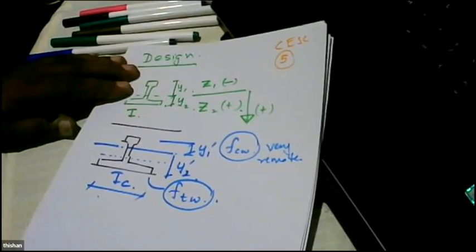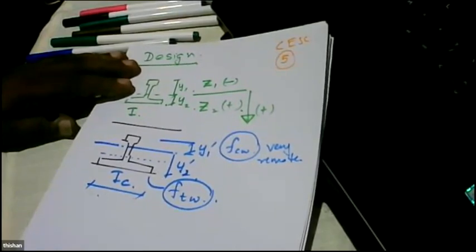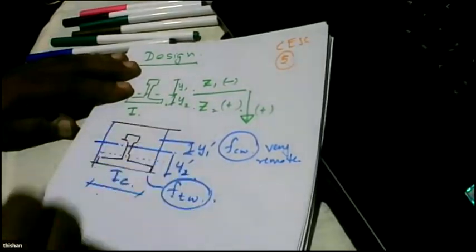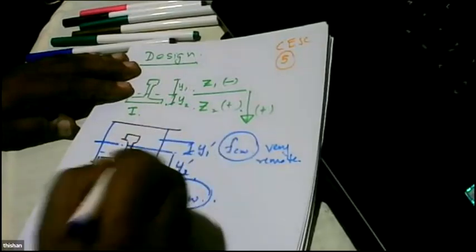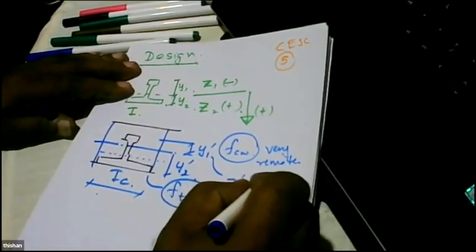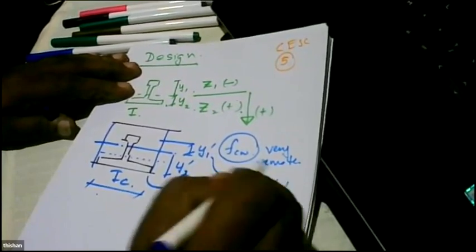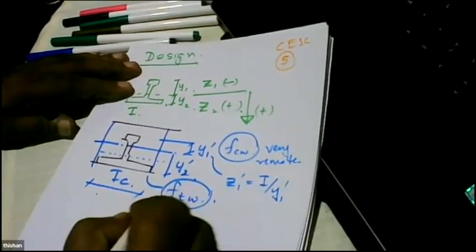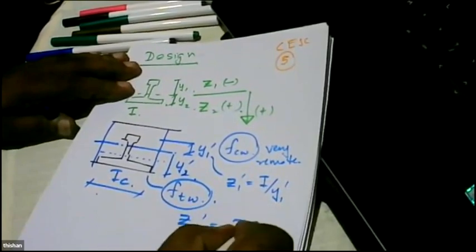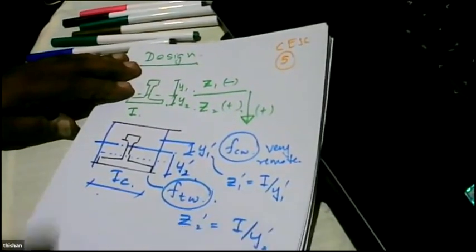I get I composite value. But still, when you are calculating the properties, I composite is for the whole section. But still, we use I. So Z1 dash will be I over Y1 dash, and it will be a negative quantity. Z2 dash will be I over Y2 dash.